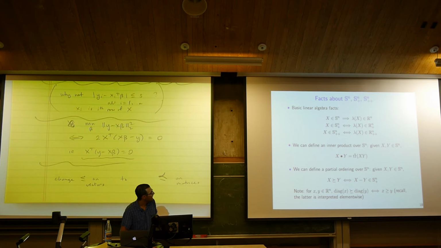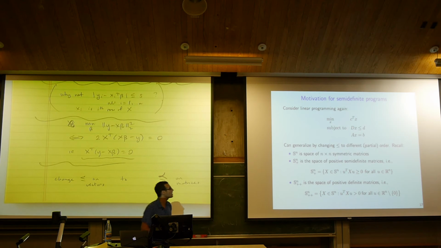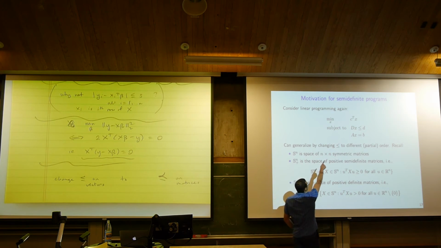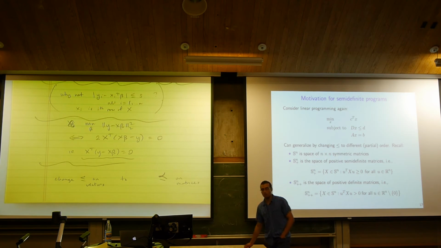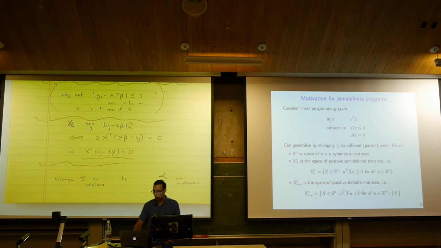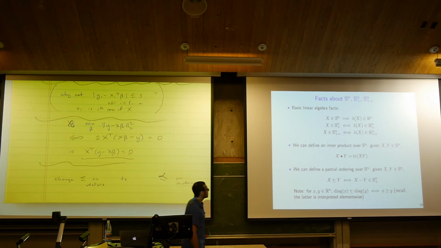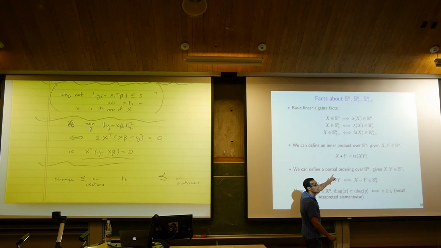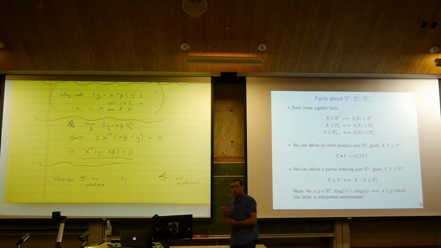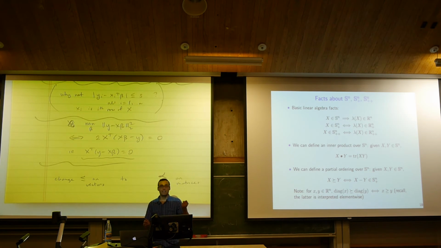We can define an inner product over matrices that are symmetric, and this is going to be important because this is an inner product over vectors, C transpose X. We're going to want to replace that by an inner product over matrices. Well, the most natural way to do that would be to take every element of X, multiply it by the corresponding element of Y, and add it up. That's what we get when we take the standard Euclidean inner product of two vectors: every element of little x times every element of little y added up.